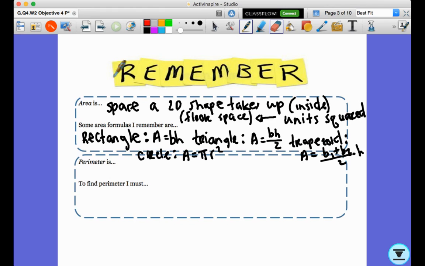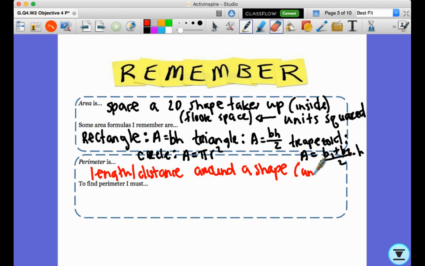Perimeter is the length, or distance, around a shape. This is just going to be in units, like centimeters or inches. It's not squared. It's one dimensional, so it's just a length. Perimeter is one dimensional and area is two dimensional.